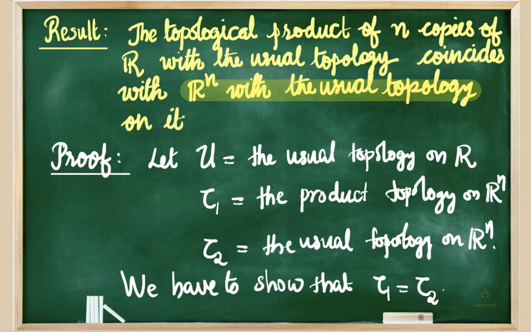Hence, we have proved our claim that Rn with the usual topology coincides with Rn with the product topology. So, the product topology on Rn is equal to the usual topology on Rn as required. This completes our proof.